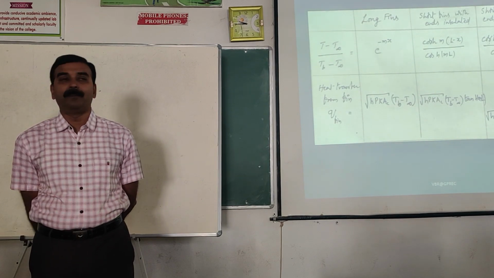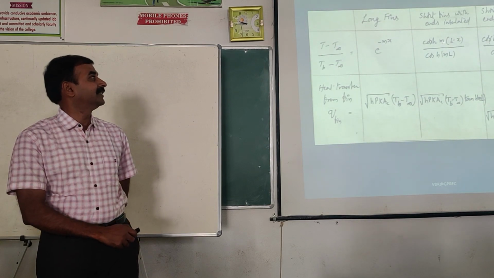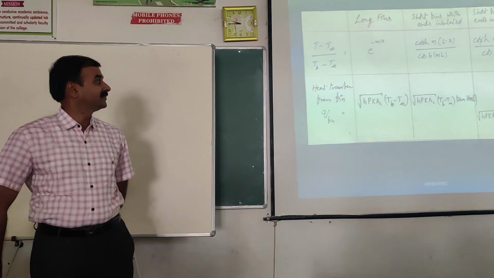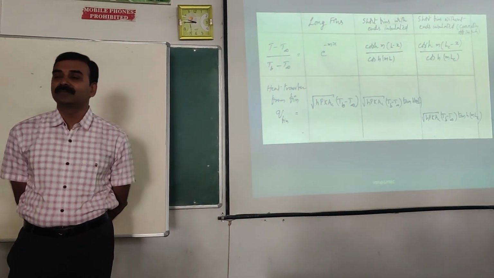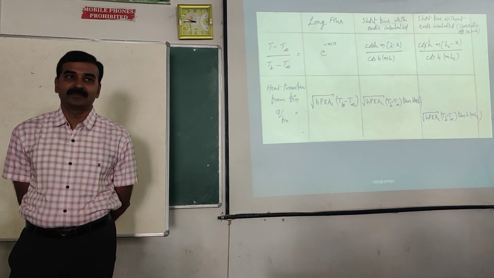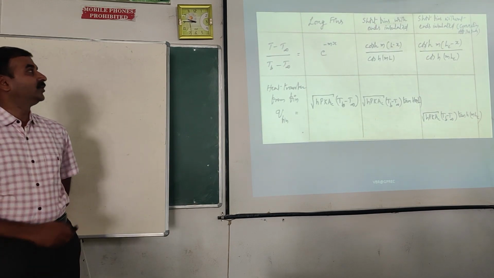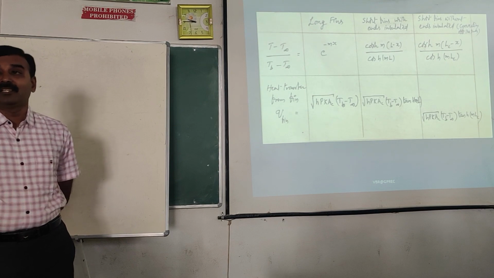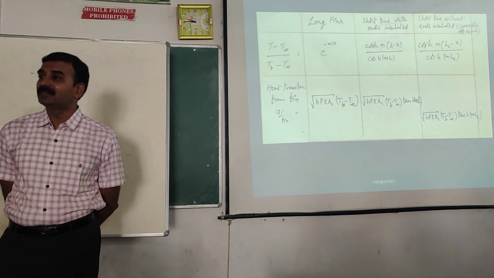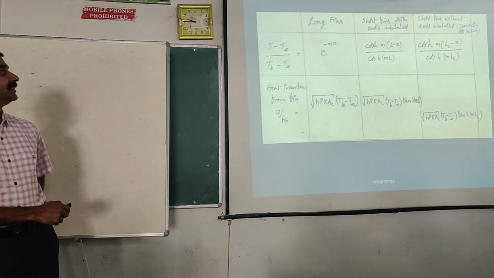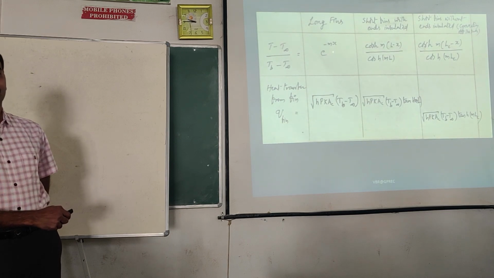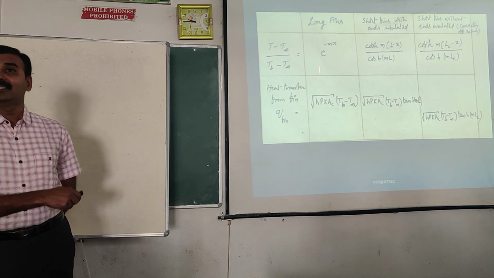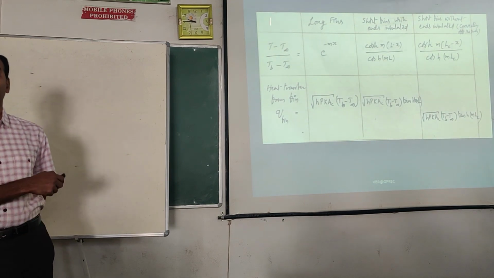Unit of m, wherever it is. Right? So you need to simply understand. This term is equal to this term. What is the unit of this term? No units, temperature by temperature.